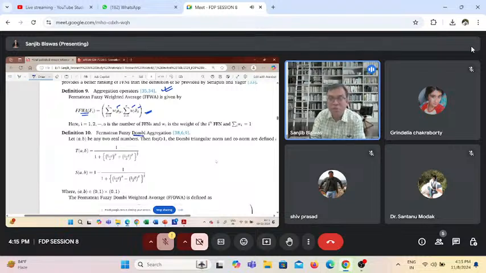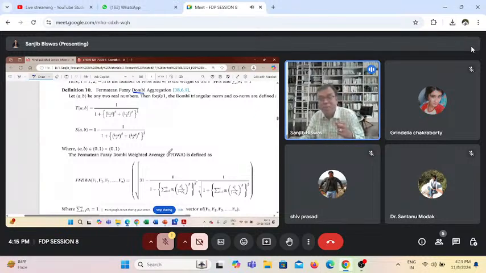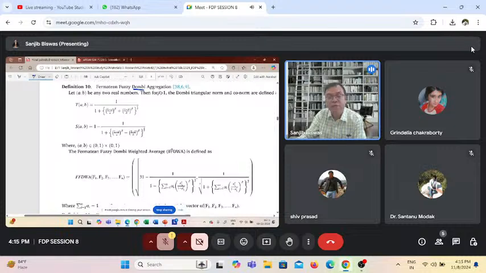Dombi norms and co-norms provide a simple yet powerful measure with the availability of a parameter called beta. By varying the value of beta, I can assign different priority to the membership and non-membership function.